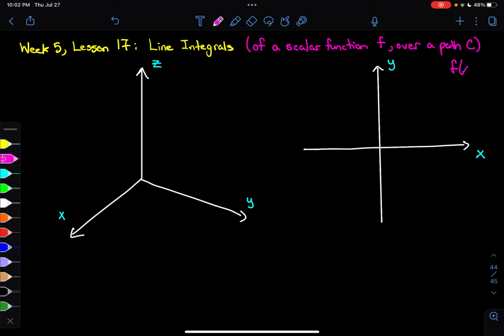But let me posit a slightly different scenario than the ones that I have just given you. So let's imagine that we have some race track, okay, and it looks like this. It looks like this parabola, f of x equals x squared, okay?